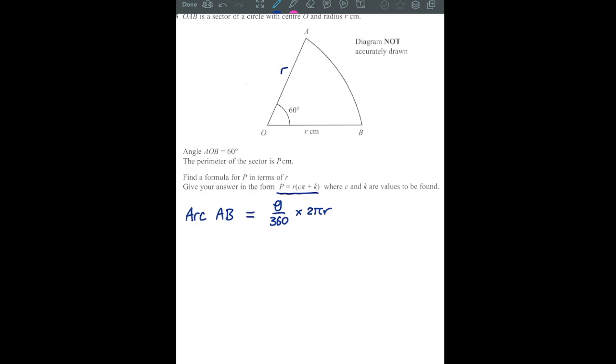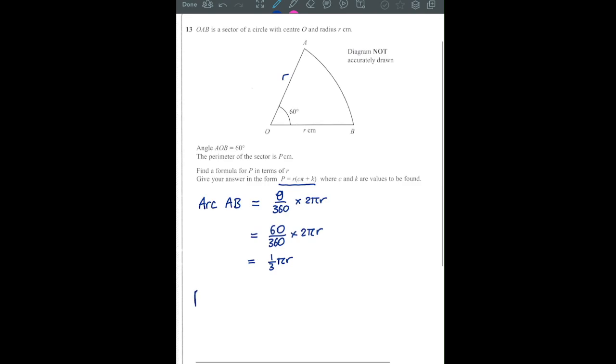Let's simplify that. We have the angle is 60 over 360 times 2 pi r. When I simplify this in my calculator, I'm not going to put the pi there. I want the pi to be left in my answer. So I'm not going to put the pi, but I will do 60 over 360 times 2, which comes out as a third. So my arc AB is a third pi r.